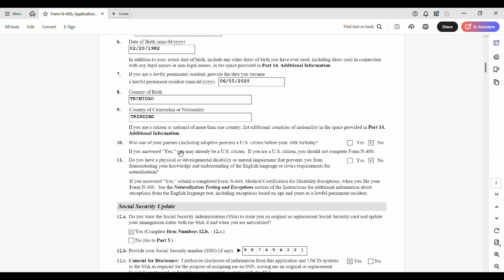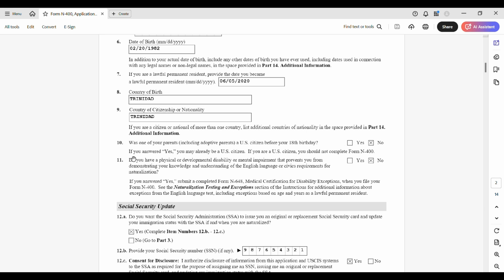Was one of your parents, including adoptive parents, a U.S. citizen before your 18th birthday? This applicant is no. If you are applying for citizenship, that would suggest that you are not a U.S. citizen. However, if this is yes, the answer to this question is yes.